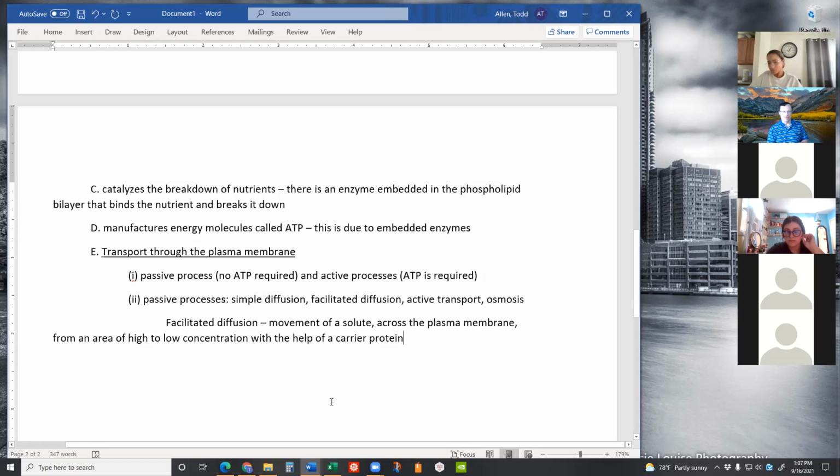Let me read this again. Facilitated diffusion is the movement of a solute across the plasma membrane from an area of high to low concentration with the help of a carrier protein.